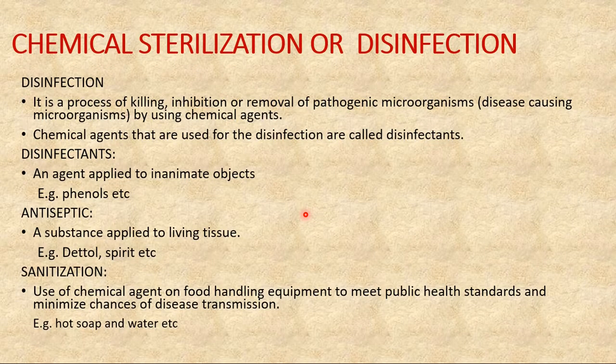Let's have a quick review of the terms disinfection, disinfectants, antiseptics, and sanitization. Then we'll go into detail about all the disinfectants. Disinfection can be defined as a process of killing, inhibition, or removal of pathogenic microorganisms. What are pathogenic? Disease-causing microorganisms. This is done by using chemical agents.